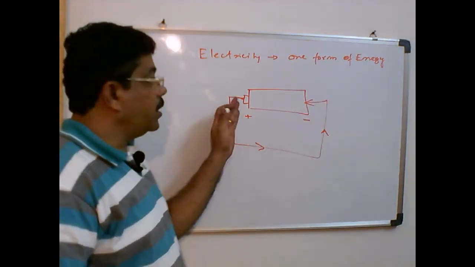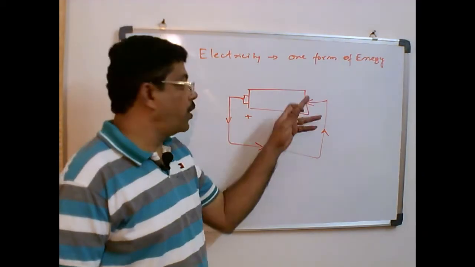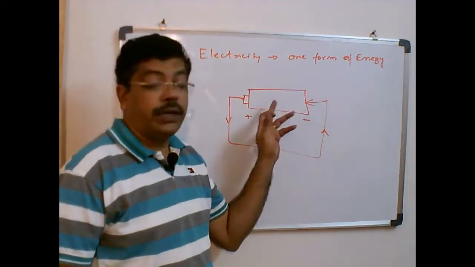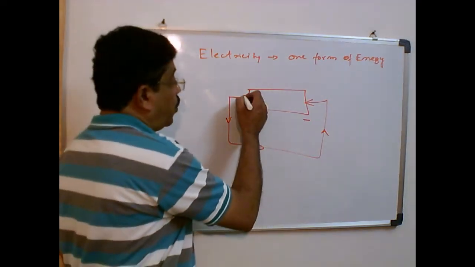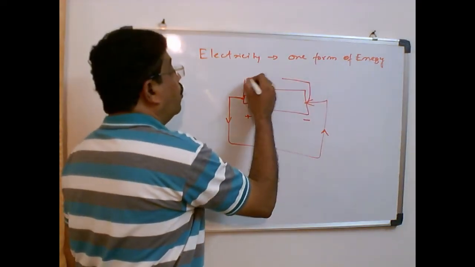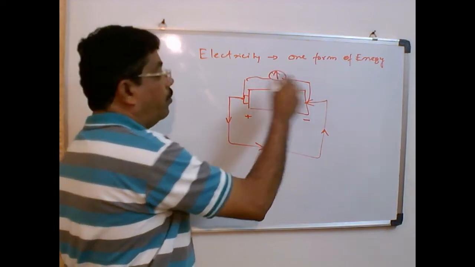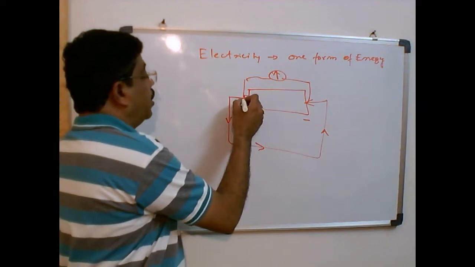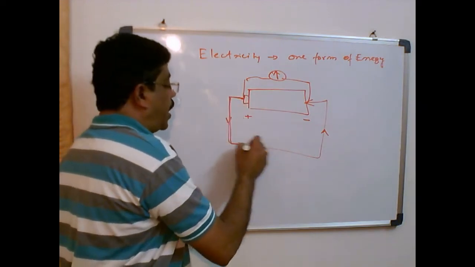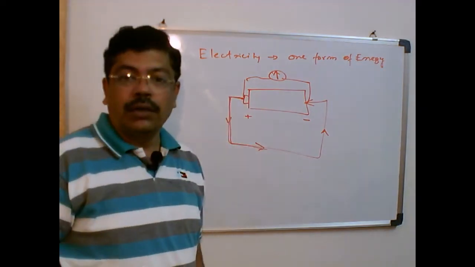The capacity of flowing from here to here is known as the potential difference. If you put a voltmeter here, you will find the potential difference, and the amount of energy that has passed is known as the current.